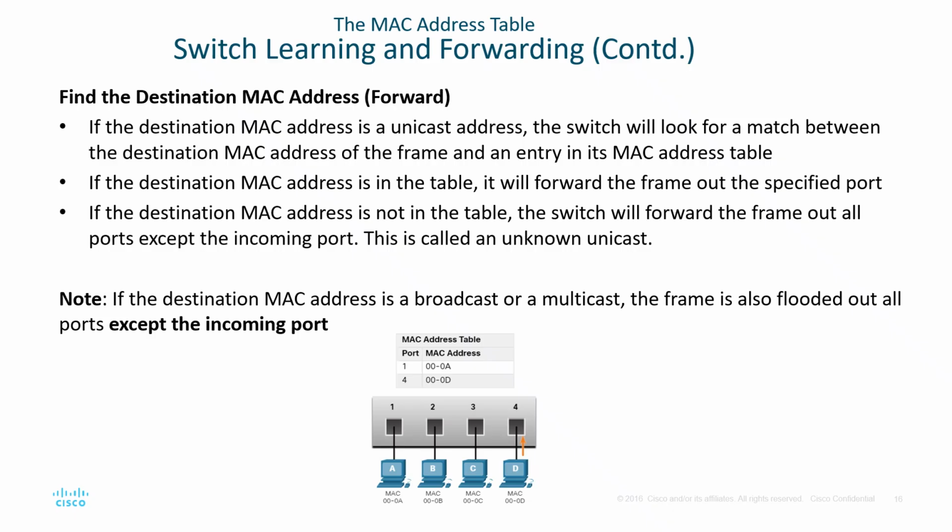If the destination address is in the table, it will simply forward the frame out that specified port. If the destination MAC address is not in the table, the switch will forward the frame out all ports except the incoming port. This is called an unknown unicast.